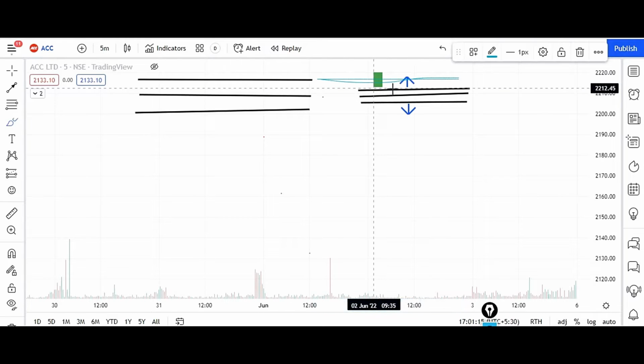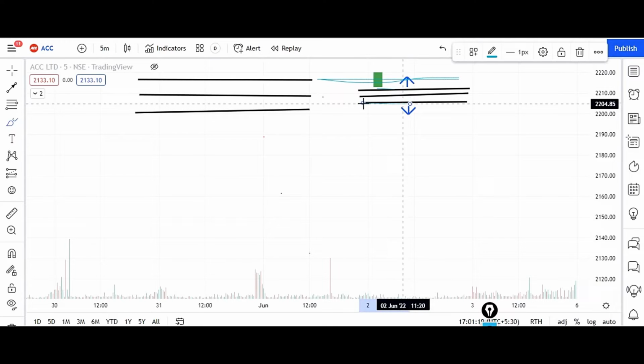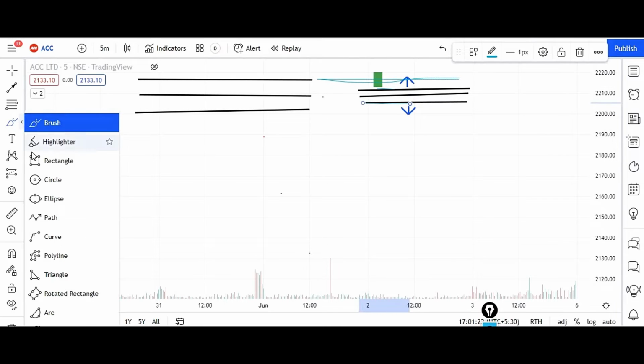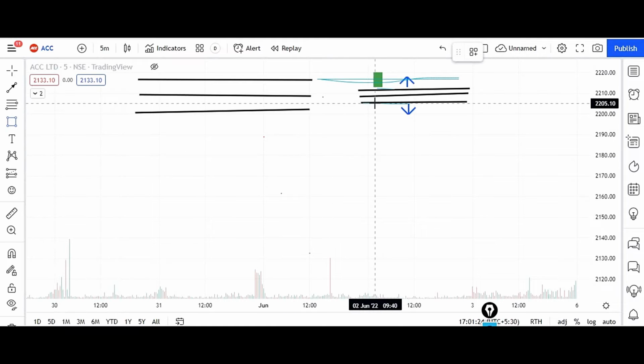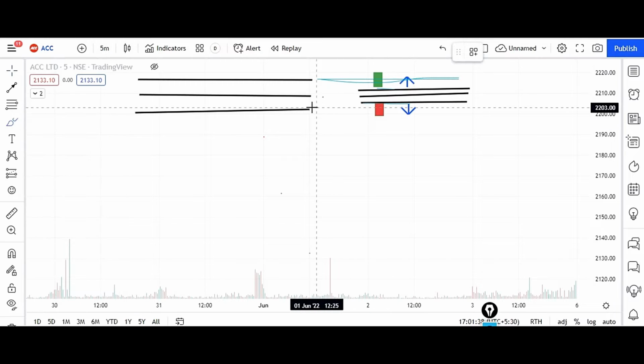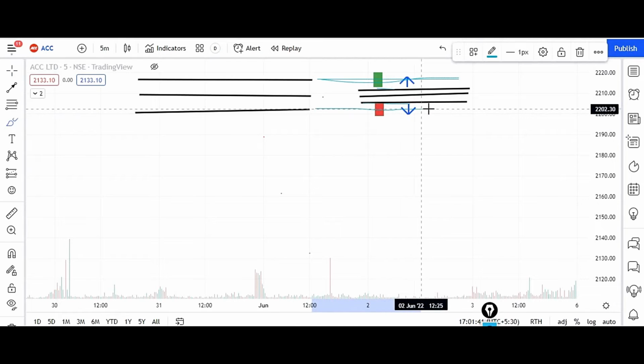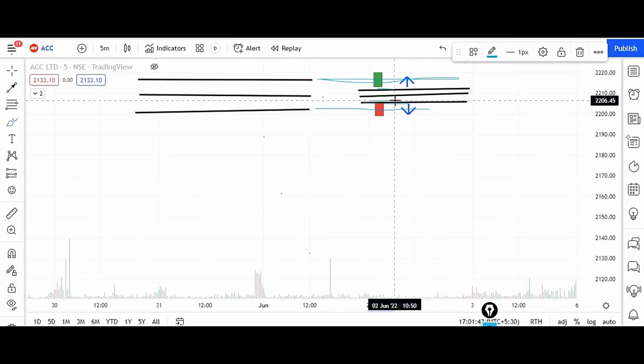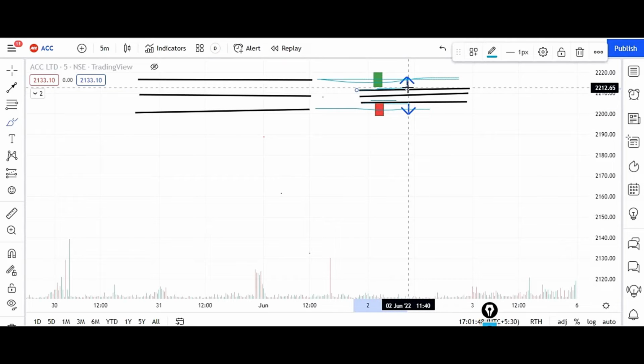Our stop loss would be below this candle or below this CPR. The same way on the downside, if it makes one red candle by breaking the bottom central pivot of the previous day CPR, then we plan our short entry. Stop loss will be above the candle or above this CPR. This is how we have to trade on breakouts.